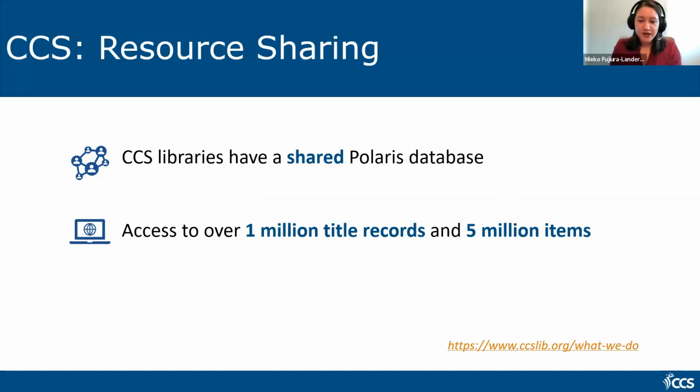This means when patrons are searching the online catalog, they not only search and view Warren Newport holdings, but also the holdings from all other 28 CCS libraries. This also means that you can check out and check in items from other CCS libraries without needing to take any extra steps like creating a temporary ILL record.